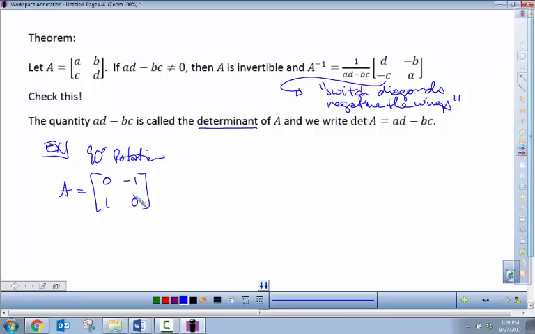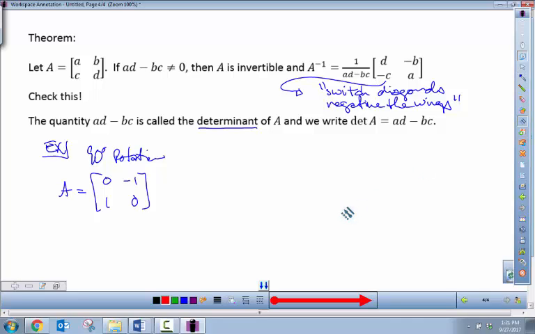Now, if you imagine a 90-degree rotation and you want to get back to the original position, what would you do? You go back 90 or go 270 forward.